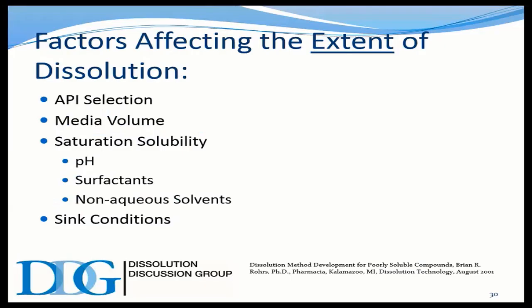This is typically anything from an alcohol to propanol or octanol, anything like this that would not typically be what we consider aqueous media. But this all has to be relative to sink conditions as well. Ensure that the highest dosage strength is soluble in 250 mls or less of those different medias that we've been discussing so far.